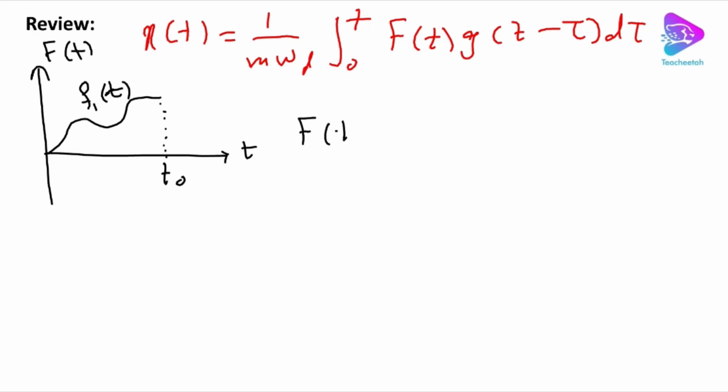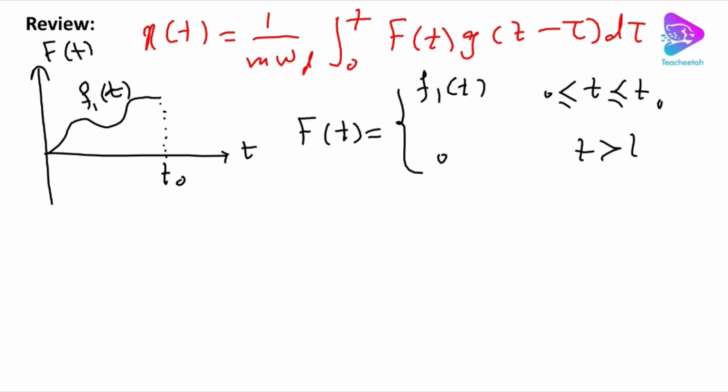So f(t) is equal to f1(t) from 0 to t naught, and for values greater than t naught, it's equal to 0. So this is the function for that case.